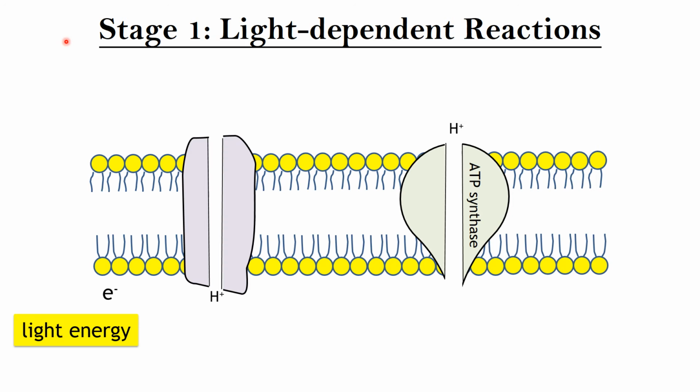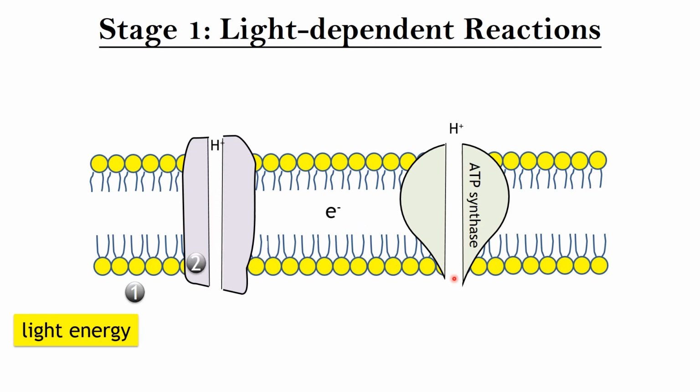Okay, so at higher level, this might look a bit familiar, and if you've already got respiration sorted out in your head, the electron transport chain, this is very similar. So here is light energy, and in the first part of this you can see the electrons move along the membrane.